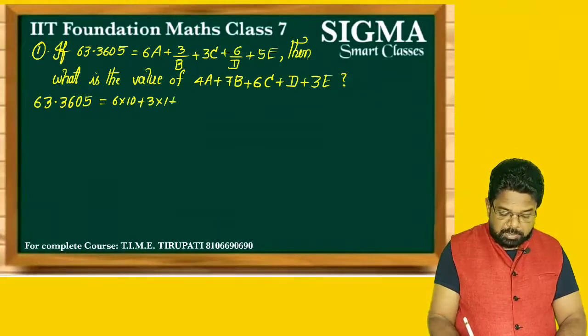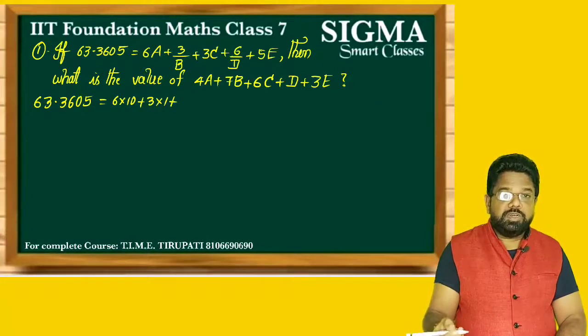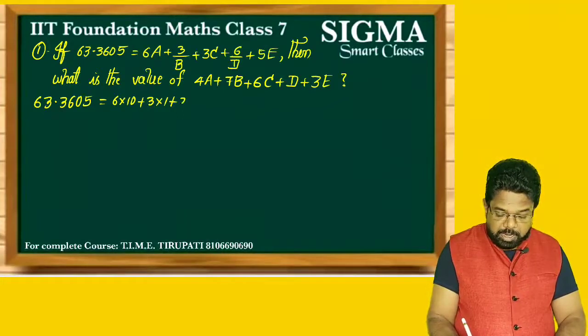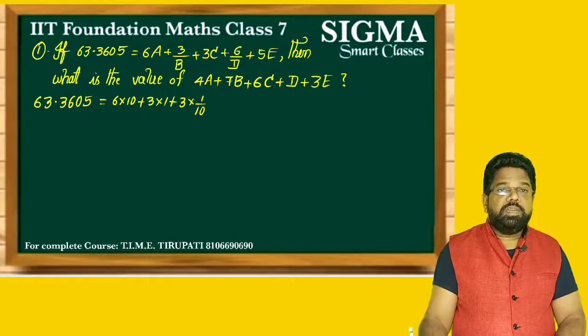63 plus now, after decimal the first digit is 3, can be written as 3 into 1 by 10. What is 3 into 1 by 10? 0.3.